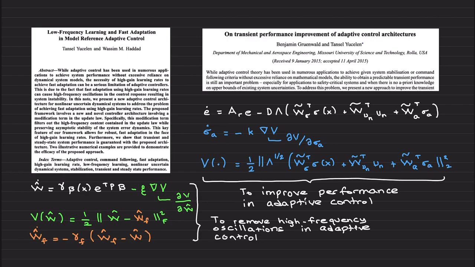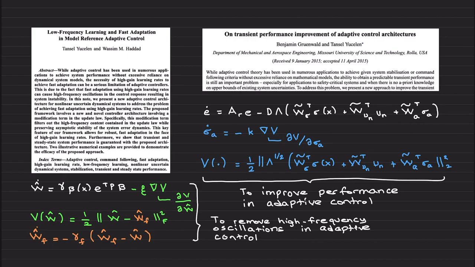For example, this is one of the papers published in IEEE Transactions on Automatic Control, solving one of the problems. Since the weight update laws of model reference adaptive control signals have this fancy integrator type of architecture, when you increase gamma, this can induce oscillations in the weight estimates.